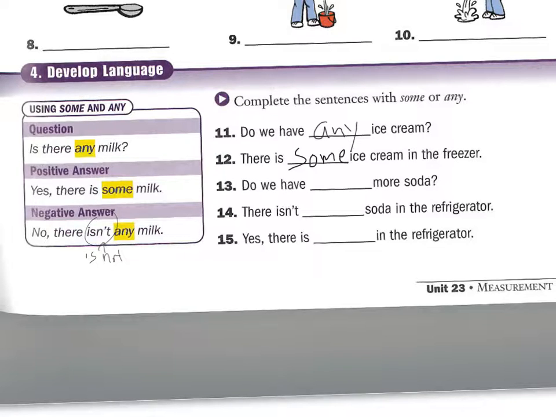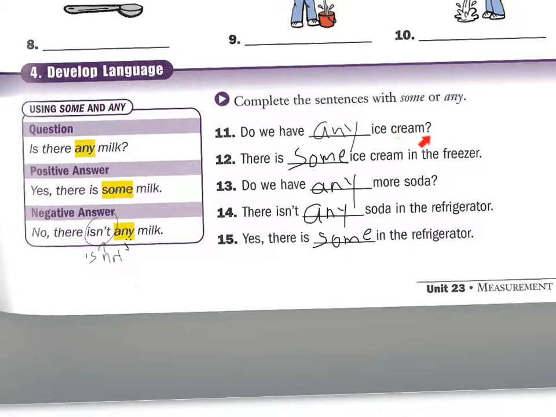Do we have any more soda? There isn't any soda in the refrigerator, or yes, there is some. So we don't say yes, there is any. Yes, there is some. Let's practice reading this together.